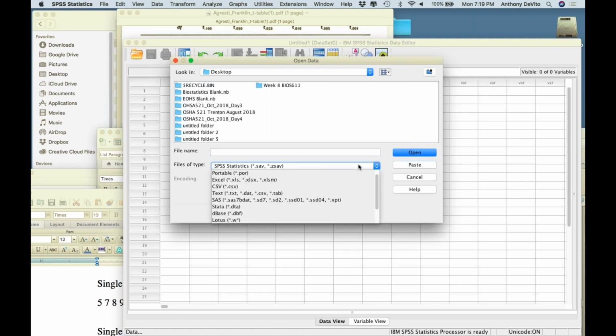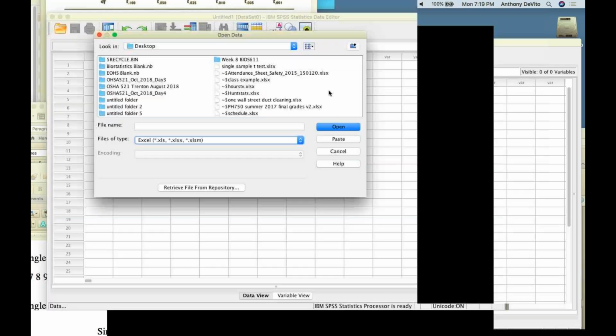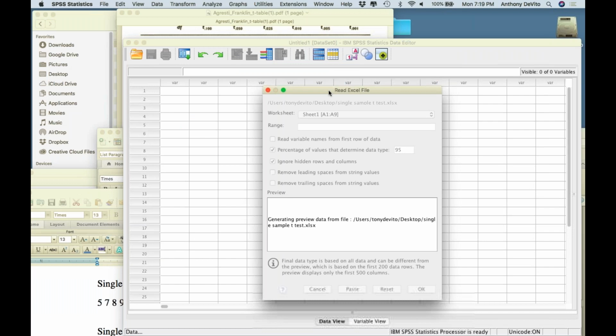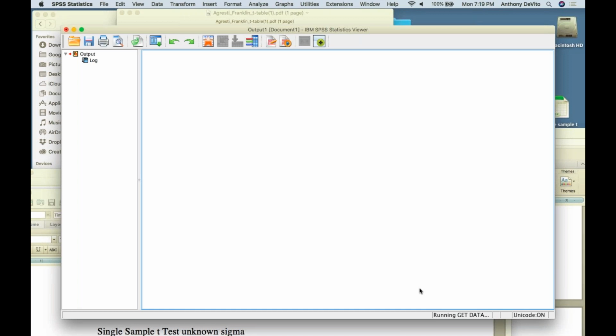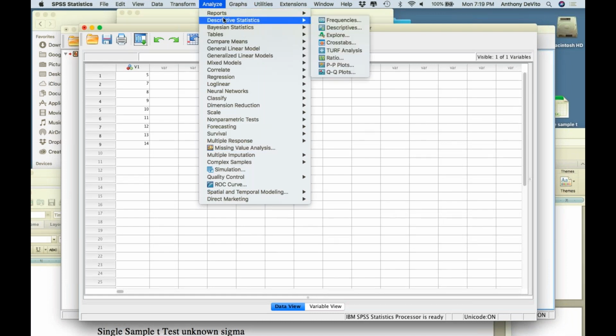Okay, Excel files. Files imported into SPSS. The first thing I'm going to do is my descriptive statistics.